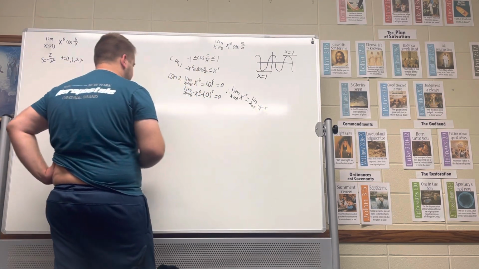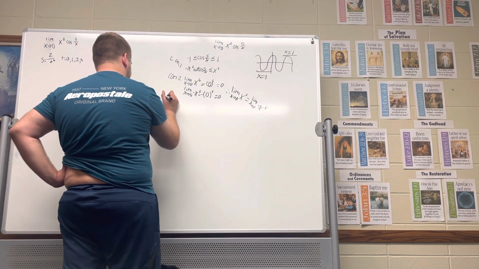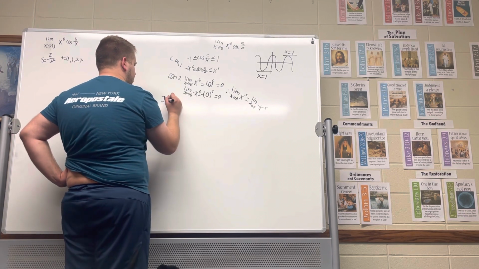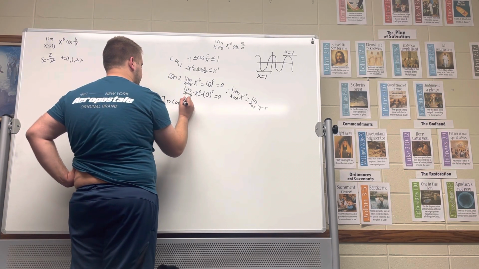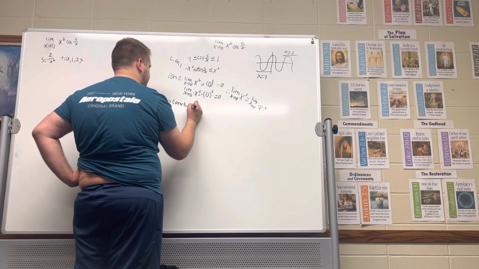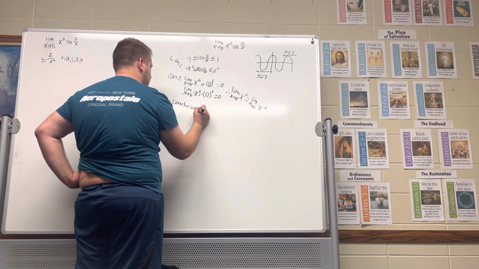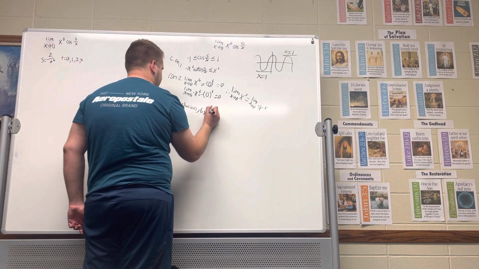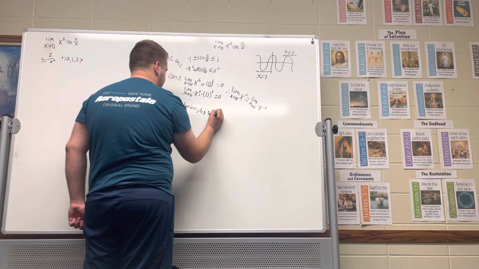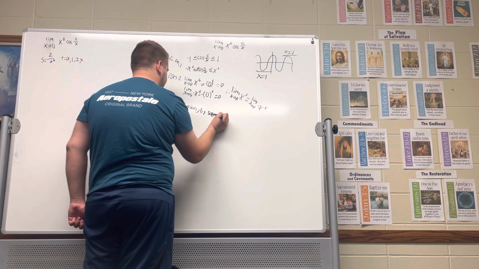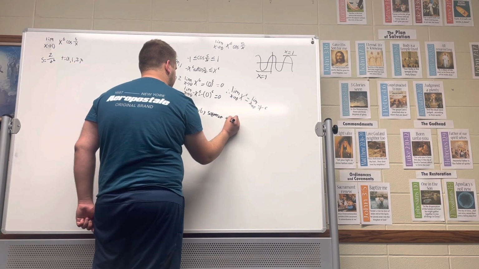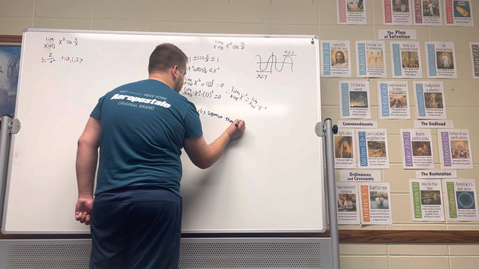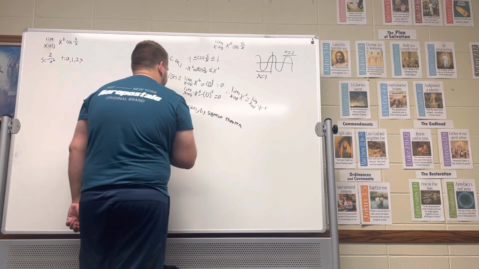With both conditions fulfilled, we can write the conclusion, which states, in conclusion, by squeeze theorem. We have to state how we solved it, so every time we use the squeeze theorem, we write it in the conclusion.